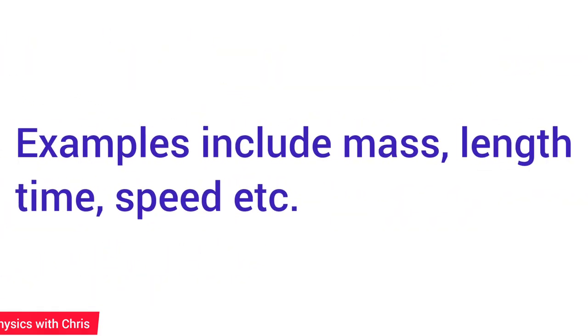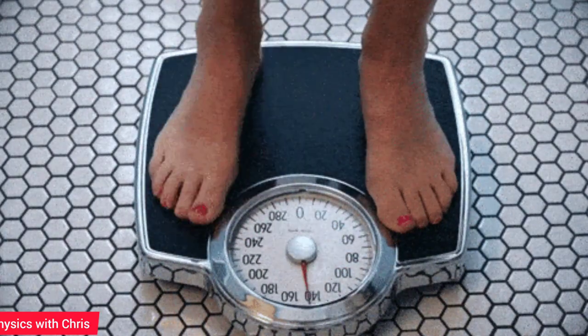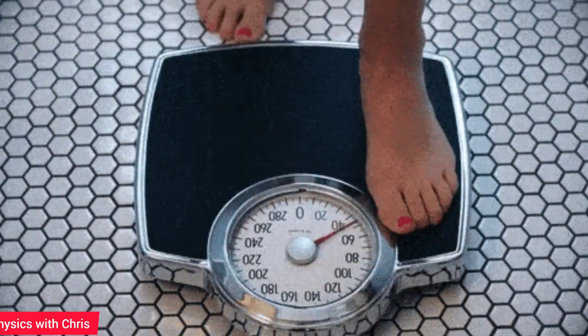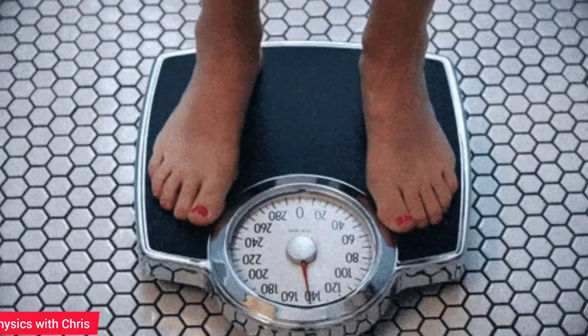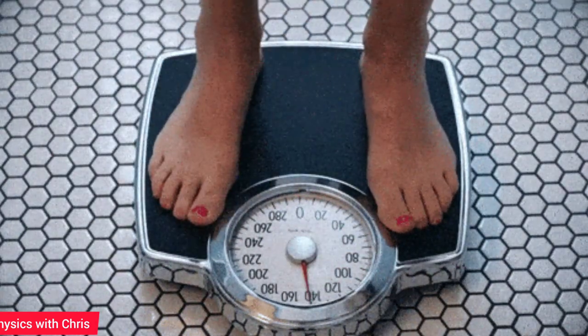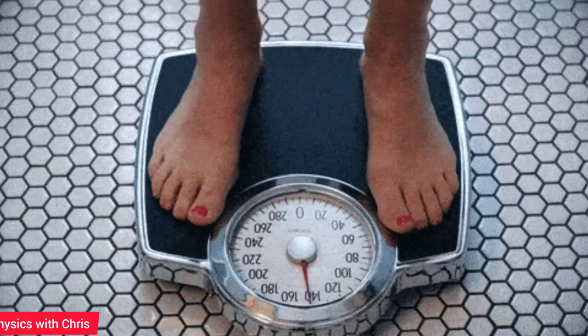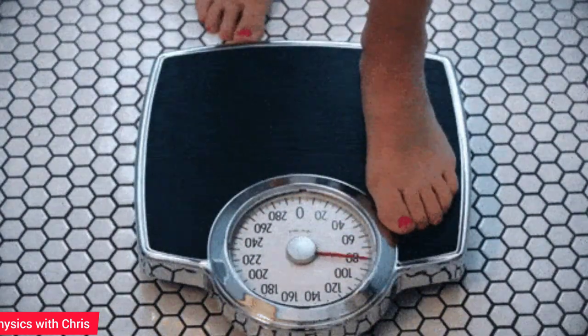Now, for example, I'm sure you must have stood on a scale before to check your mass. Suppose your mass is 60 kg as recorded by the scale. That mass is a physical quantity because it's a parameter of an individual that can be measured.